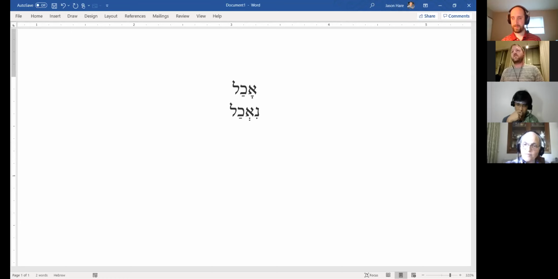Nichal. That's really ugly, right? First of all, Aleph doesn't like to have a silent shva, so it rejects it. And second of all, it just sounds bad, nichal. What happened was, instead of the silent shva, when you have the Aleph in the beginning, the Aleph took a tzere, okay? And then this one would just match it. So ne'echal. Ne'echal means it was eaten.